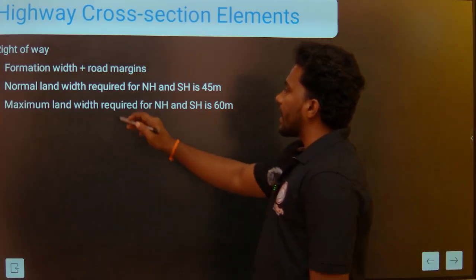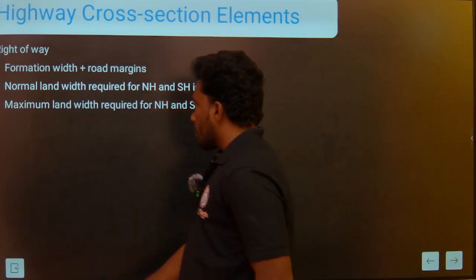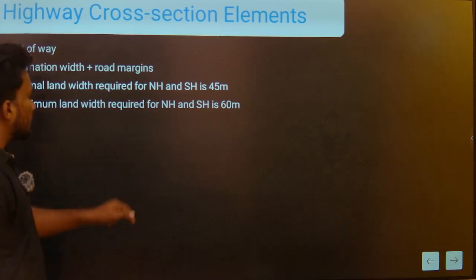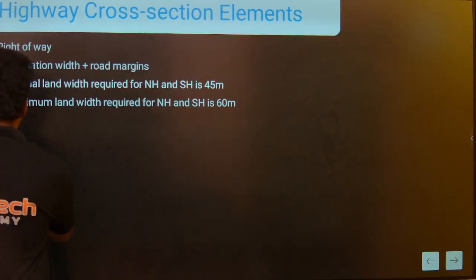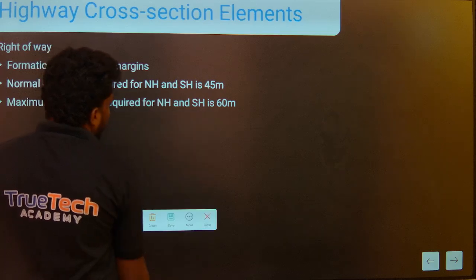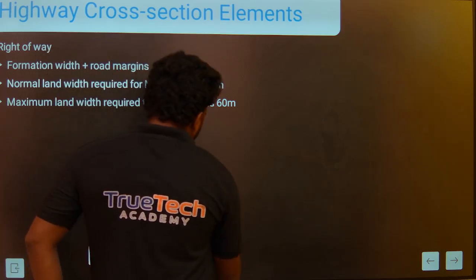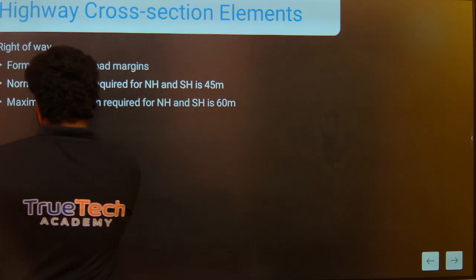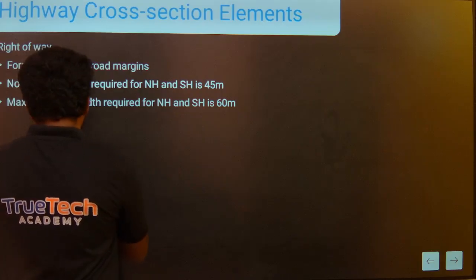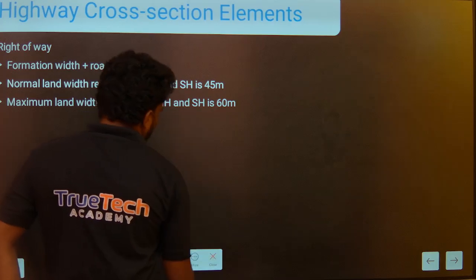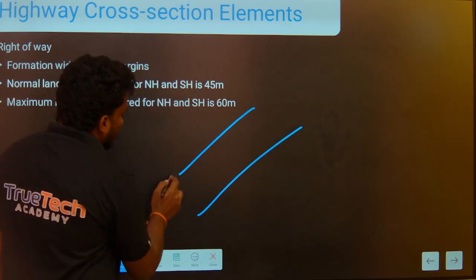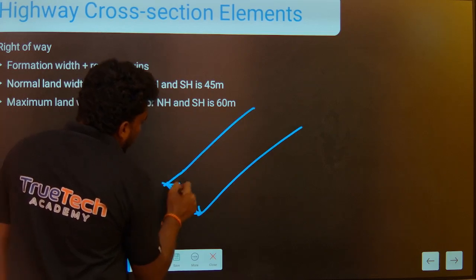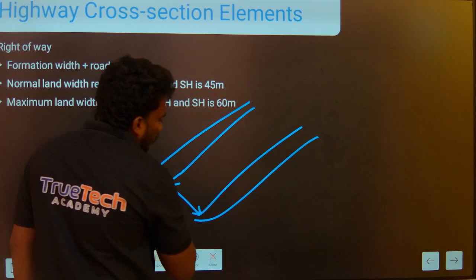Now right of way is nothing but, there is a formation width. This is the roadway. Along the roadway, this is the carriageway, and from this, some shoulders are there.